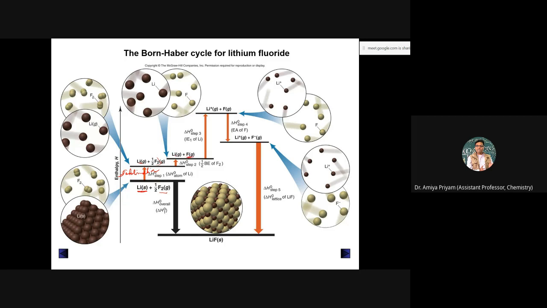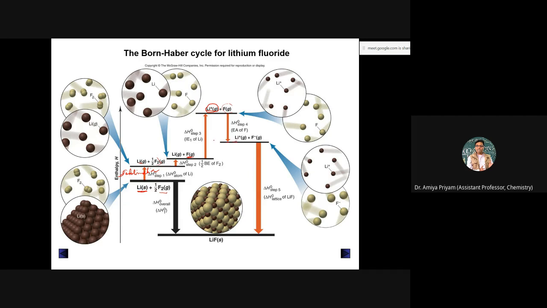So you have a gaseous atom of lithium, a gaseous atom of fluorine, and now you give some energy to take away that electron, and lithium plus is formed in gaseous state. The fluorine atom in gaseous state will accept one electron and some amount of energy is released.